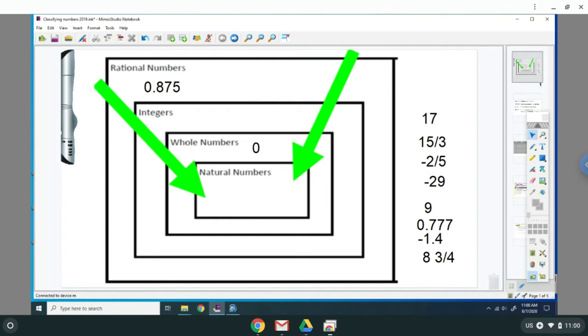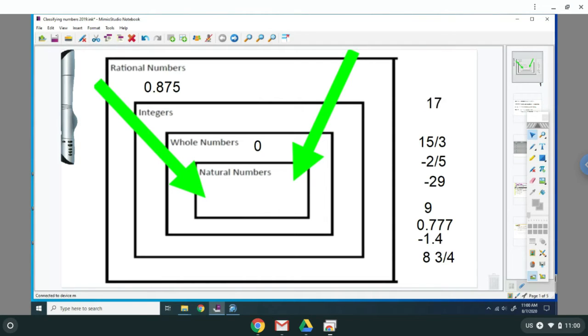Now you got to see if it can go into a natural number. 0 cannot go into a natural number because natural numbers are counting numbers. So 1, 2, 3, 4. So this does not include 0. So 0 has to stay here. Since 0 is staying here, that means it's a whole number, but it also means it's an integer, and it also means it's rational. So every time it goes through the box, it gains that name. So it's rational, integer, and whole.